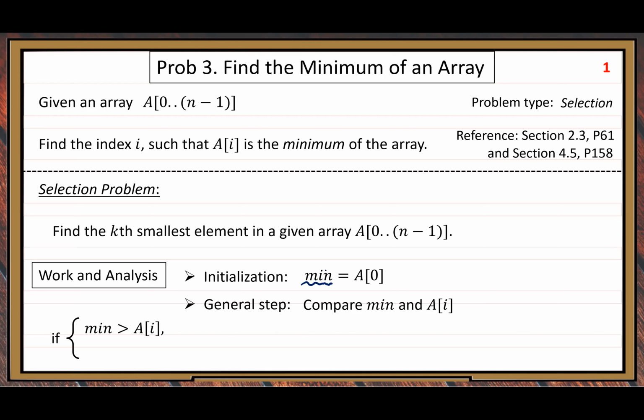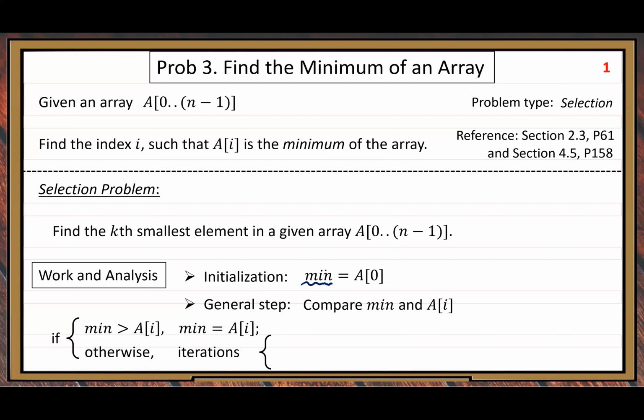That means we found a smaller element, right? So we need to update this variable by the current element A of i. We assign A of i to this variable. Otherwise, if min is less than or equal to A of i, then we should not update the min variable.